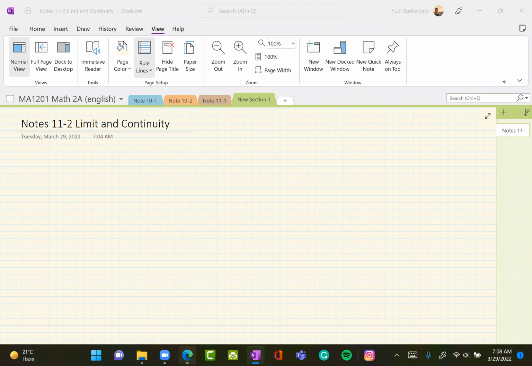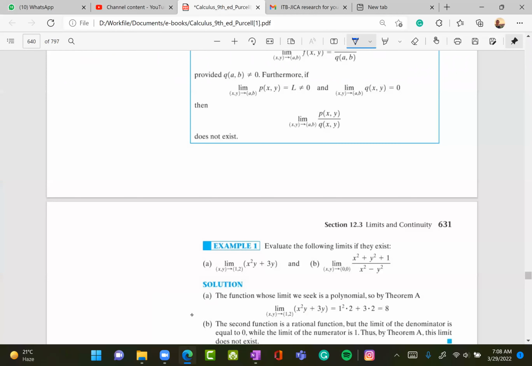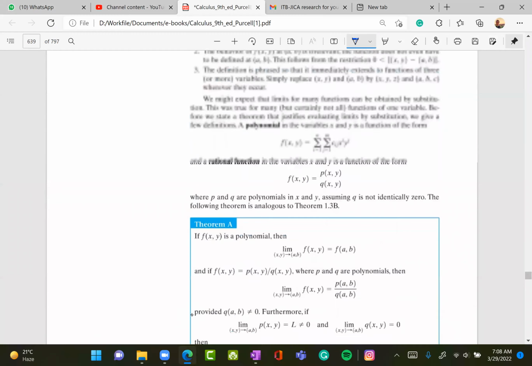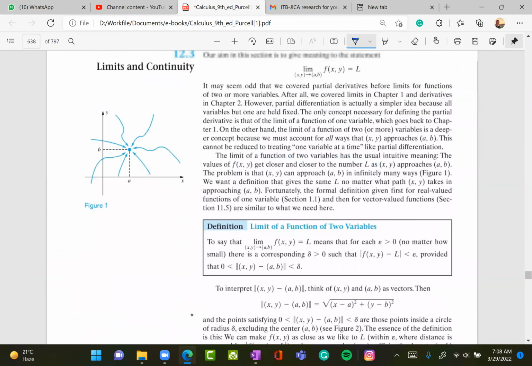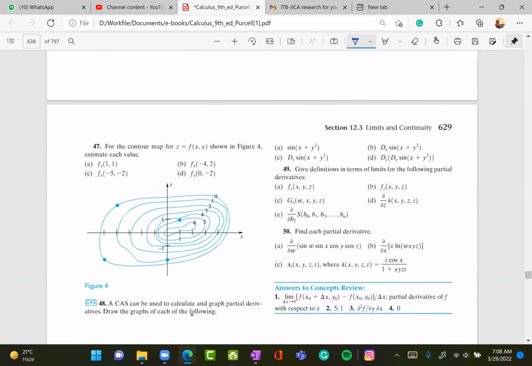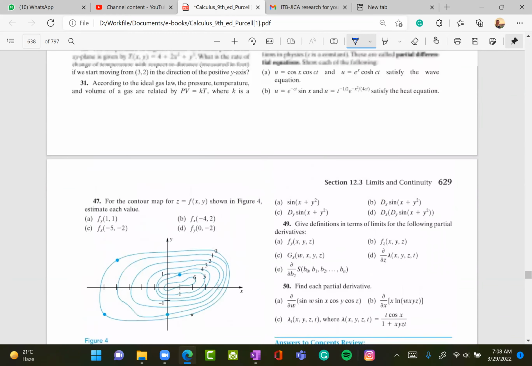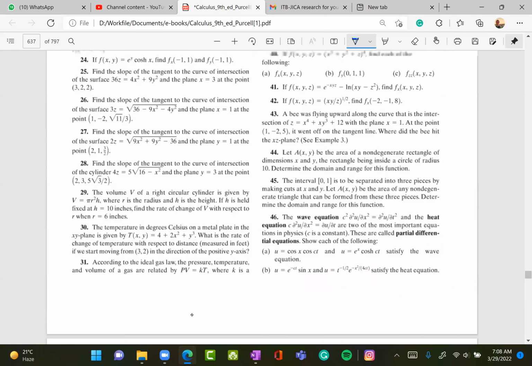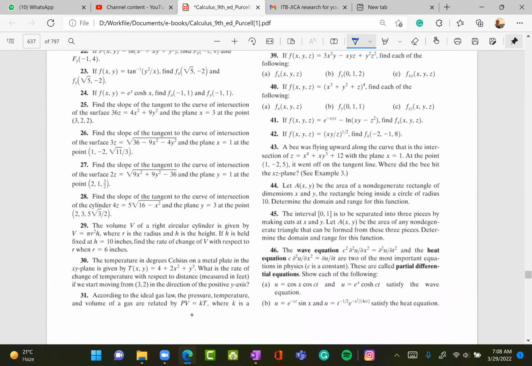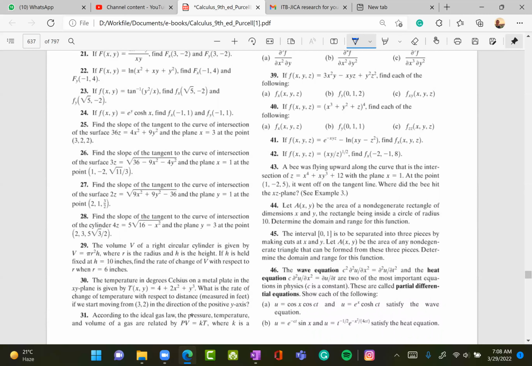another example. So let's pick up a problem from the exercise. Okay. So problem 14.3.